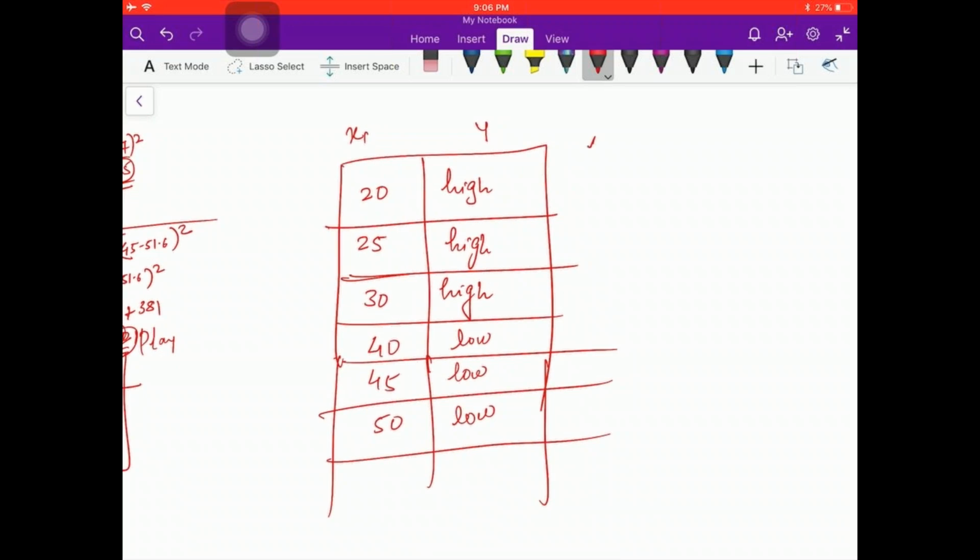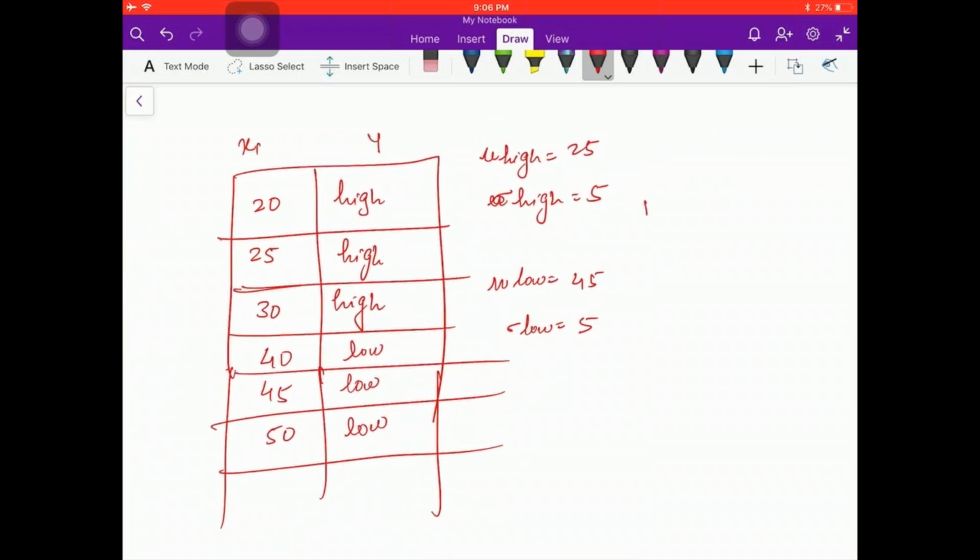I'm making your life simple. I'm saying mu high equal to 25, sigma high equal to 5, and mu low equal to 45, sigma low equal to 5.